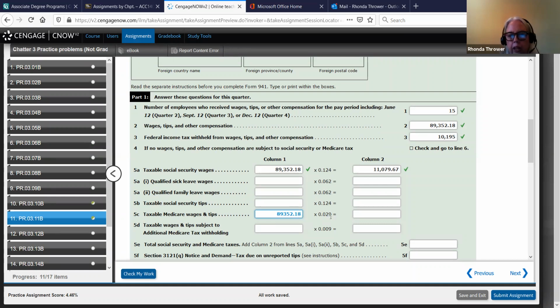We're going to multiply it by twice the 1.45% because we're both the employee and the employer here. We're filling out the tax form that we're going to turn over to the government. We're going to show the amount of taxes that we took out for our employees as well as for the employer portion.